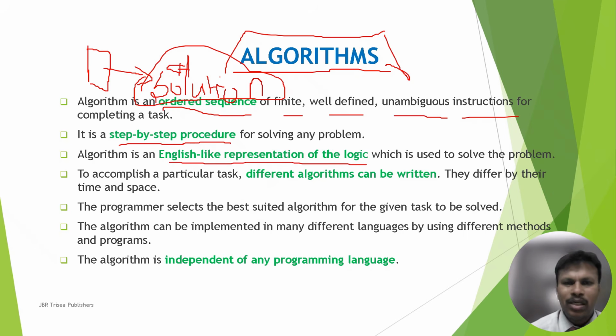Usually we write algorithms in one language, it may be English or some other language, but obviously you need to write it in English. It contains various logics, which is also important, because through that logic only you can solve it.